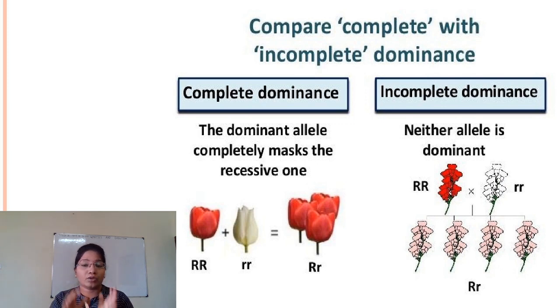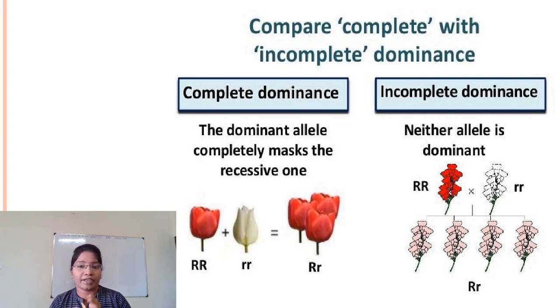That means it has to suppress the expression of the recessive gene, but it fails to suppress completely, so the term is called incomplete dominance.